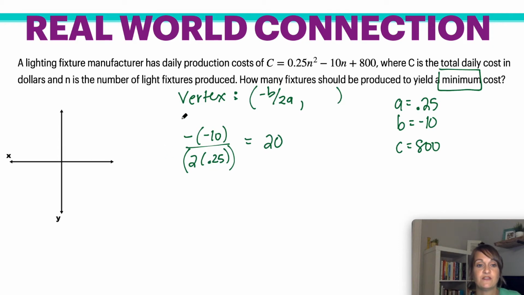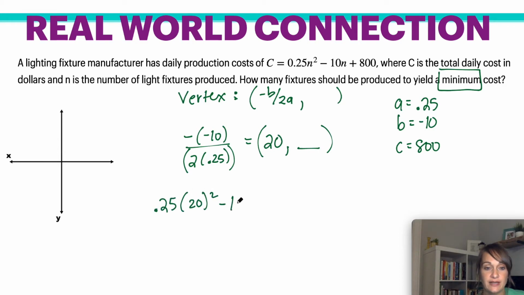So we know that the x value of the vertex is 20, and now we need to know the y value. To find the y value, we're going to plug 20 back in. So we'll get 0.25 times 20 squared minus 10 times 20 plus 800, which gives us 700.